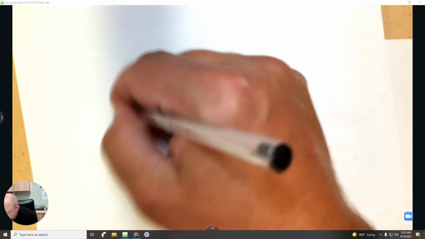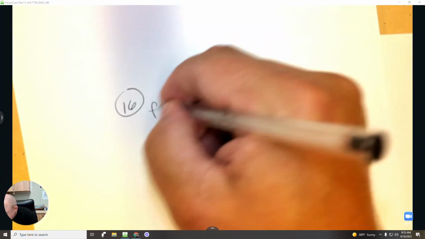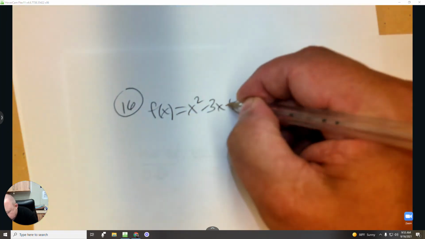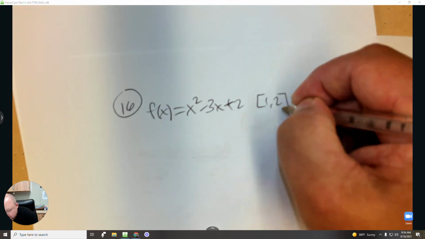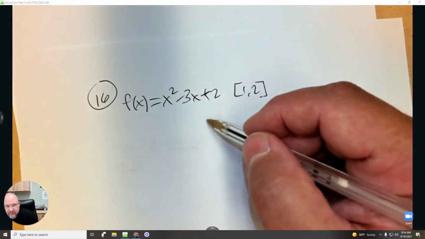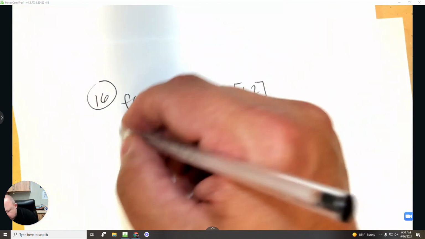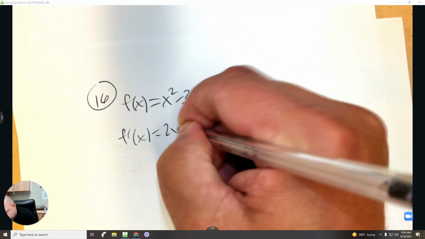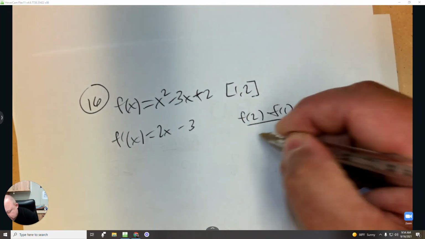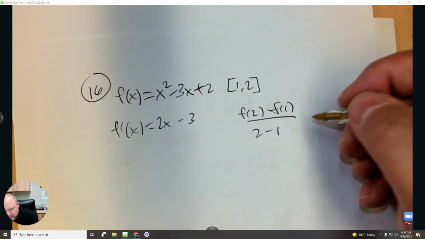Number 16. The first thing I look at, is it continuous and differentiable? It's a polynomial, which means it's both differentiable and continuous. It works. The derivative, and then the AROC, and then I make them equal to each other.